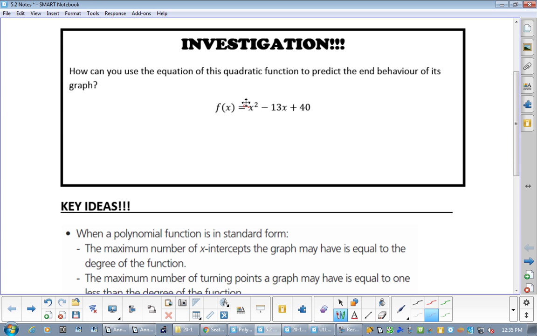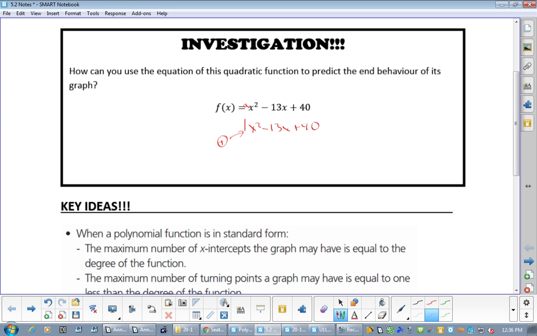In our case, what is a? 1. Okay, so this is the same thing as 1x squared minus 13x plus 40. Now, what kind of graph is this? It's a polynomial, quadratic. It would be a quadratic going up or a quadratic going down? Up, because it is a positive.